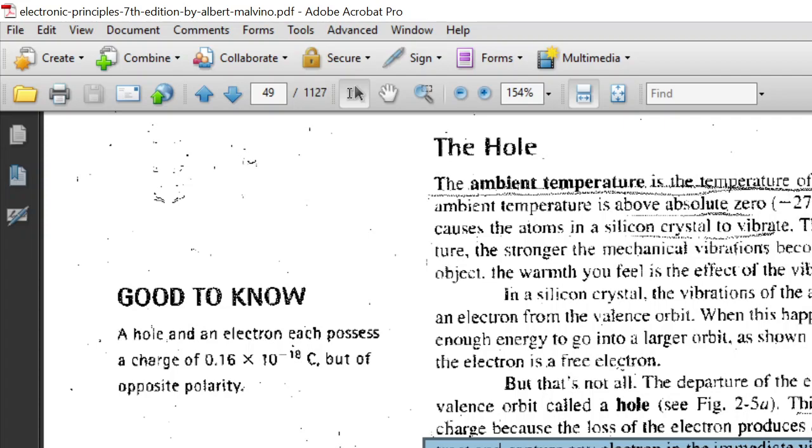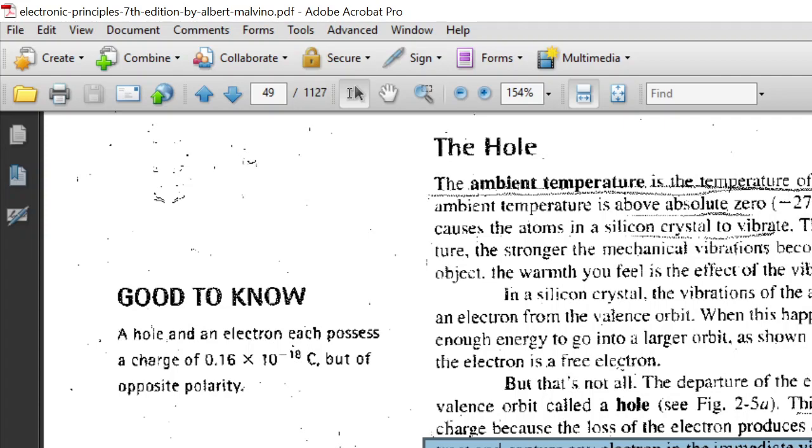So what happens? An electron from the adjacent atom can come and fill up this hole. But when it happens like this, then the adjacent atom creates a hole there, because the electron that is coming to fill up the hole is coming from the valence shell of the adjacent atom. So the hole gets created in the adjacent atom.